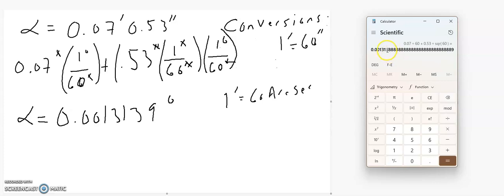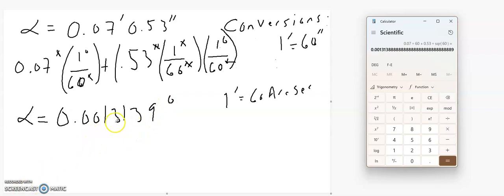Notice there's an 8 after it, and so I rounded that. So it's 0.001313, and since the next digit is not a 9, that's it. And now that's in degrees. Now we're ready to solve the problem.